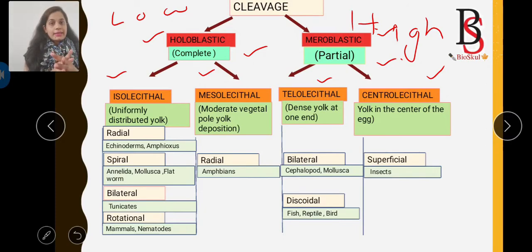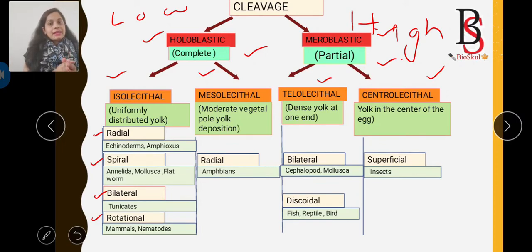Now isolecithal eggs are divided into 4 types depending on the patterns of cell division: radial cleavage, spiral cleavage, bilateral cleavage and rotational cleavage. Radial cleavage is found in echinoderms and amphioxus, whereas spiral is found in annelids, mollusks and flatworms.